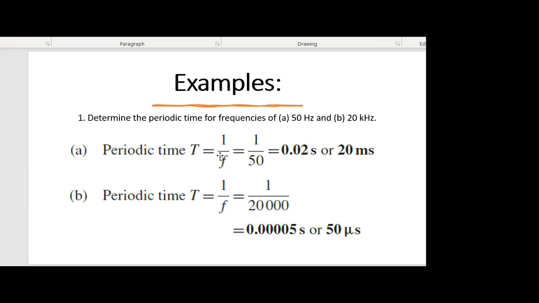So period will be equivalent to 1/f, 1/50, then we get 20 milliseconds. Then also for 20 times kilo, which is 1000, you get 50 microseconds.